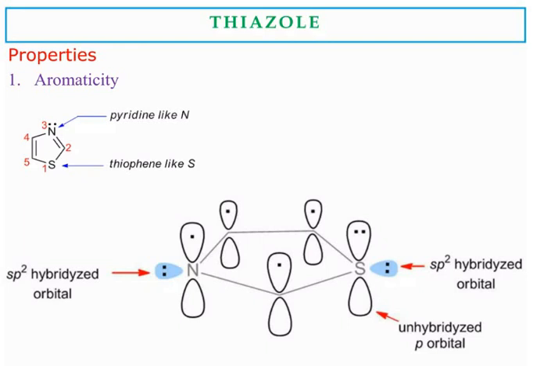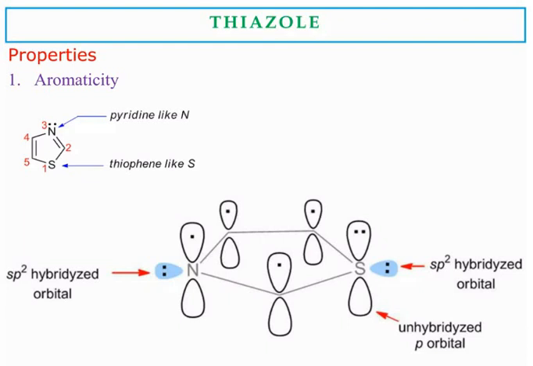This sulfur is similar to the sulfur present in thiophene, and this nitrogen is similar to pyridine nitrogen. So sulfur is position 1, then carbon 2, nitrogen position 3, and 4 and 5 are carbons. So there are 3 carbons and 2 heteroatoms, nitrogen and sulfur.